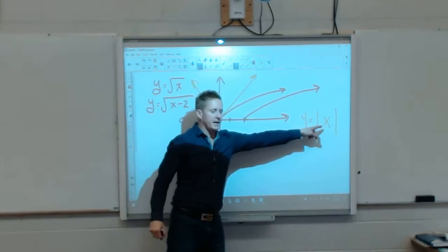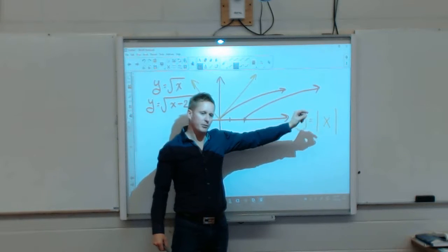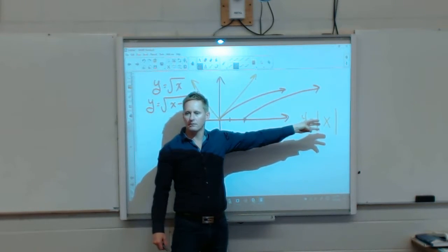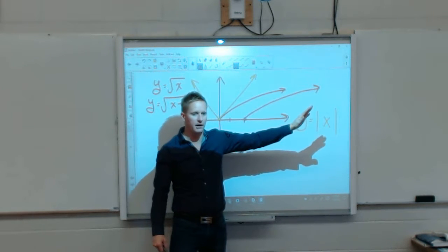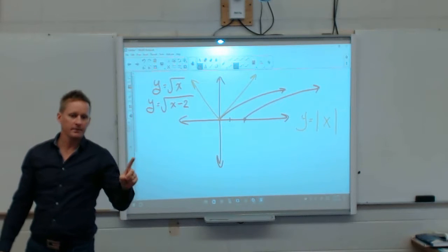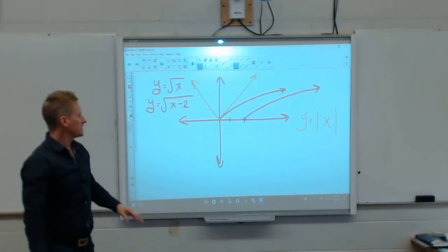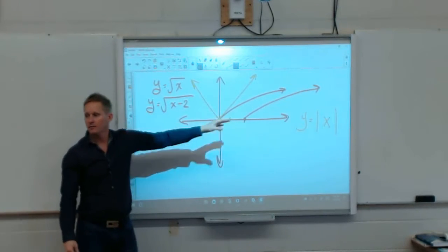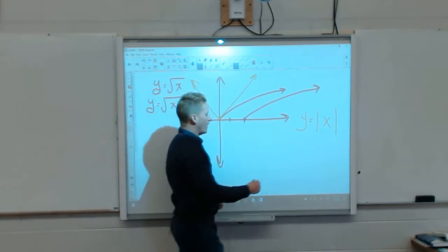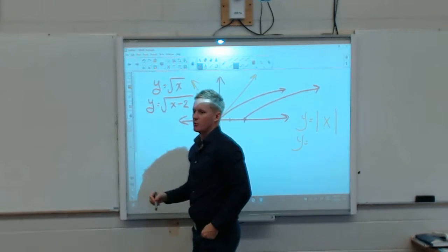Because if I put 1 in here, what's the y value? It's 1. And I put 2 in here, what's the y value? 2. 3 in there, 3, 4, so on, right? Okay, negative 1 in there, 1, plus 1. Negative 2 in there, 2, plus 2, negative 3 in there, 3. So this is what it looks like, right? So it goes up like that. Okay? So now what happens, and I would refer to this as my vertex as well.